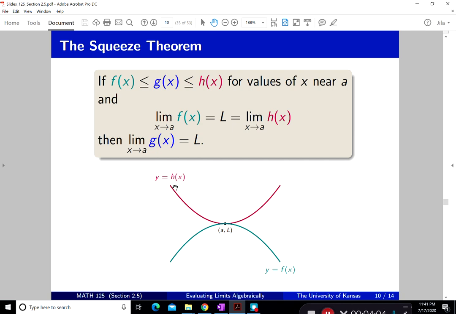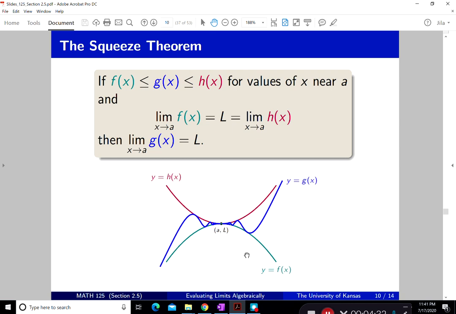So this is h of x on top, and this is f of x, and as x approaches a, the y value for both of them is L. They are both continuous, and the limit of both of them is L as x approaches a.